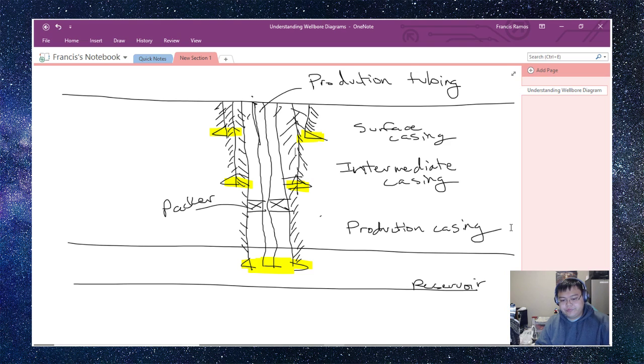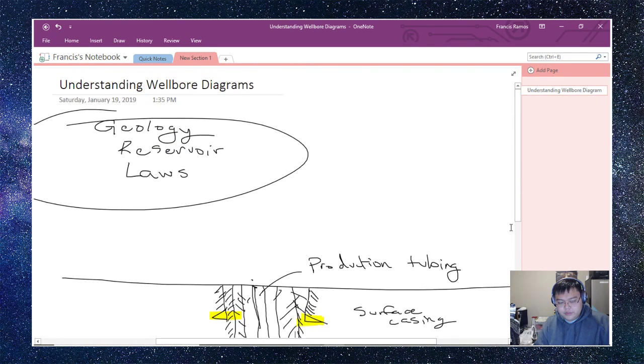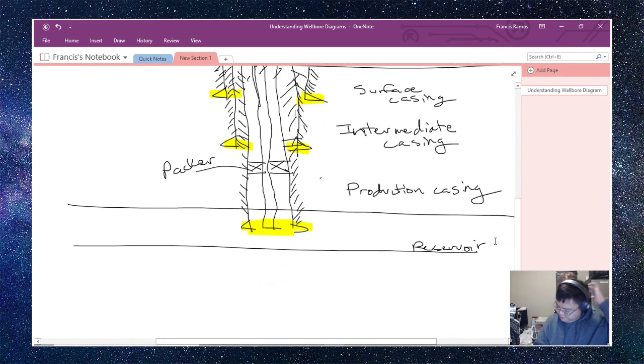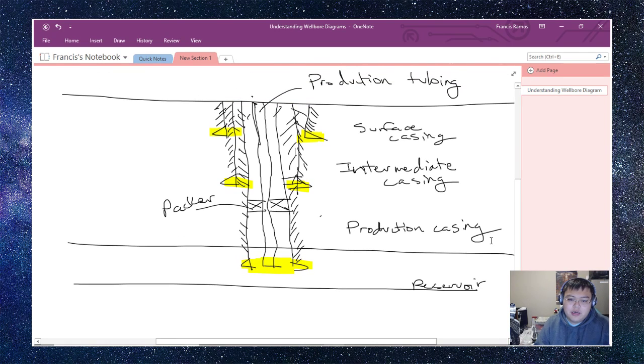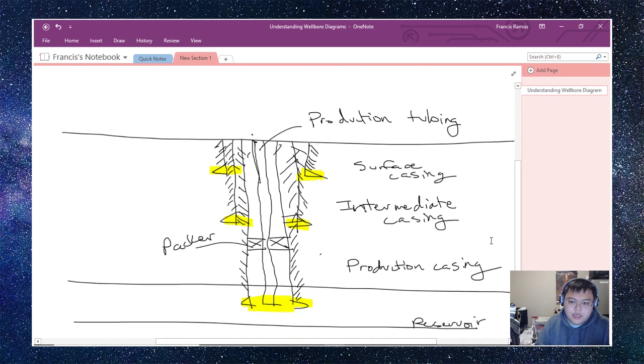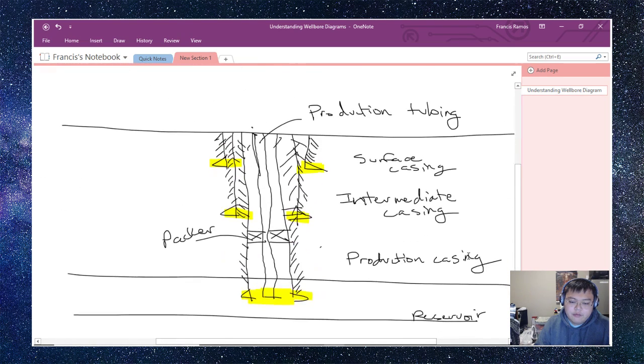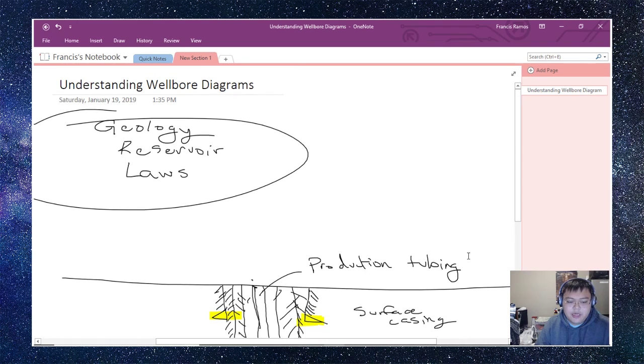But just keep in mind that when it comes to designing your wellbore schematics and wellbore diagrams, you have to consider there's a lot of factors in the geology, in the reservoir, in the laws.